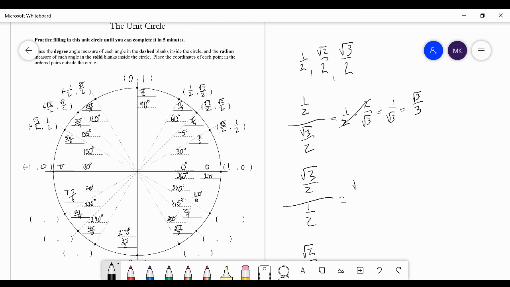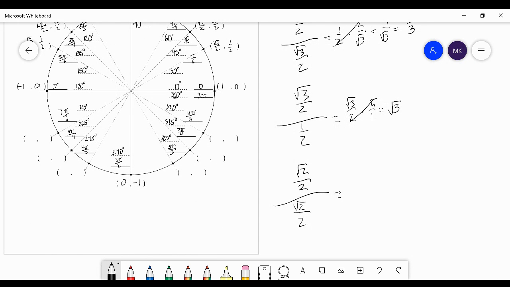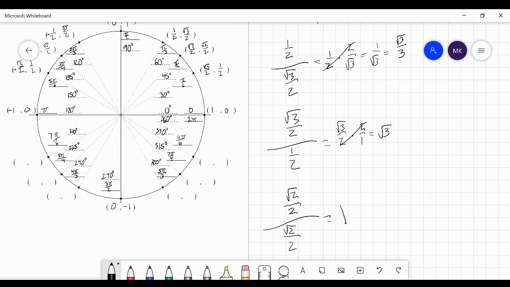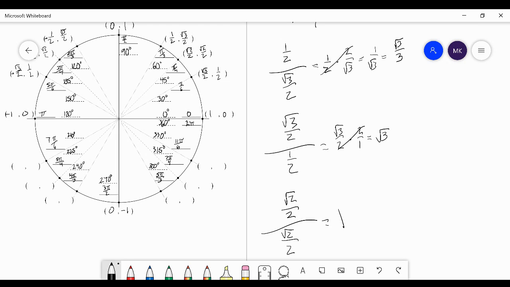We do the same thing here. We get √3/2 times 2 over 1. Our 2's cancel. √3/1 is just √3. Now here we could do that, or we could acknowledge the fact that we have √2/2 divided by √2/2. So we have the one thing divided by itself, and that's just 1. So there's our 3 tangent values for these angles, give or take their signs.